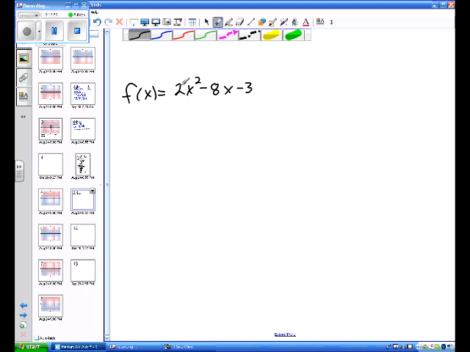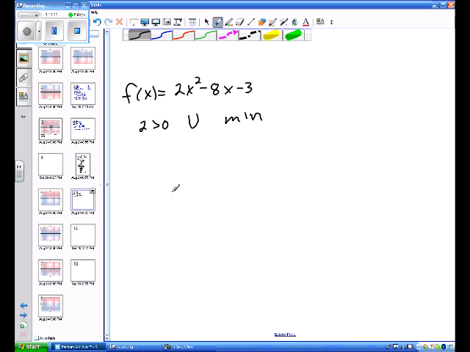Well, since a is positive, since 2 is greater than 0, that means that we open up, so we have a minimum. And sometimes that's all that you need to know, is do you have a maximum or a minimum? And that's how you would know, by looking at a. If a is negative, then it's going to open down and you would have a maximum.